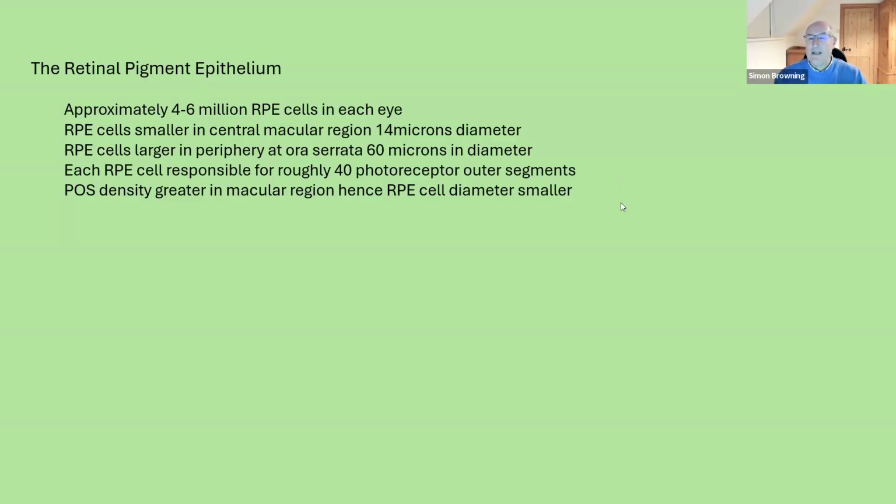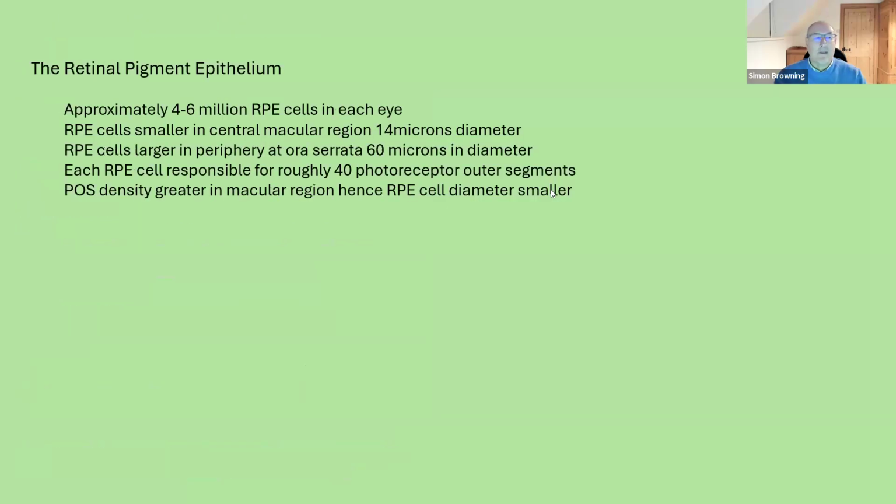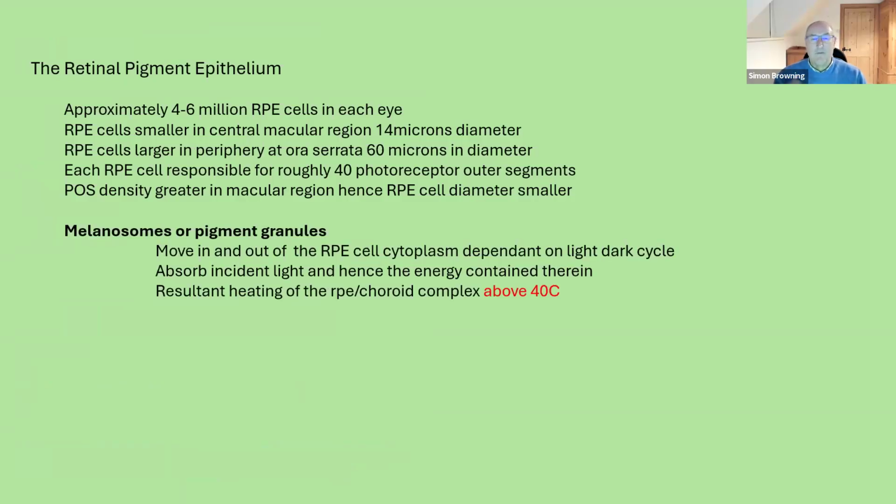So you've got 40 of these, be it rods or cones, associated with each RPE cell. And they're denser in the center, where the cells are smaller and there's more rods and cones. And that's quite an important thing to consider, and we'll see that in a moment.